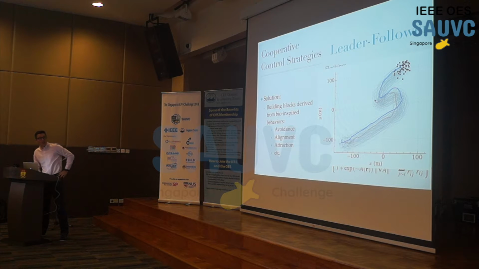This is again a test performed at the Buoys Reservoir. Most of the group managed to follow the leader. The red one here is one that performed half of the way. But we're highlighting this because the system continued to operate. This is showing robustness in the operation of the system. Although one of the buoys had a problem, and we don't know what problem, it was initially working and later stopped working. The rest of the group kept operating as required.